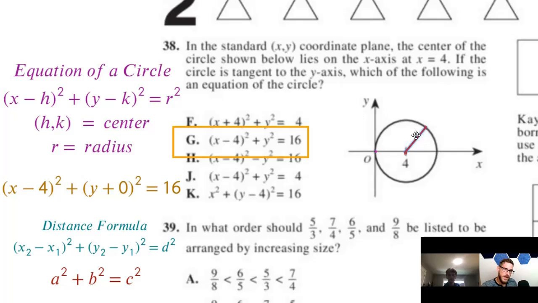The way you figure out how far apart those 2 points are, obviously you can use the distance formula, but geometrically, what we're going to do is construct a right triangle. We're going to draw a line here and a line here, and that makes a right triangle.